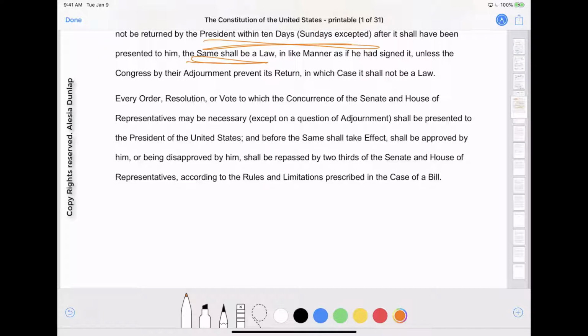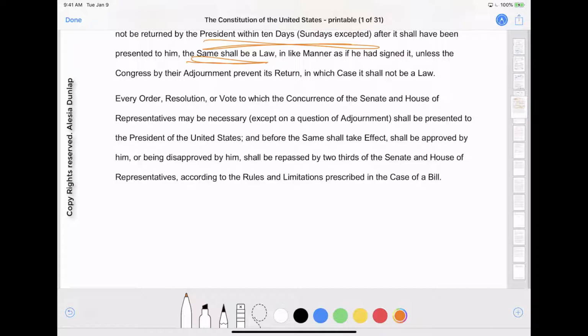Now, the president must approve all votes and resolutions that Congress makes. If the president doesn't approve, 2/3 of the senators and representatives can vote to override the president's objections.